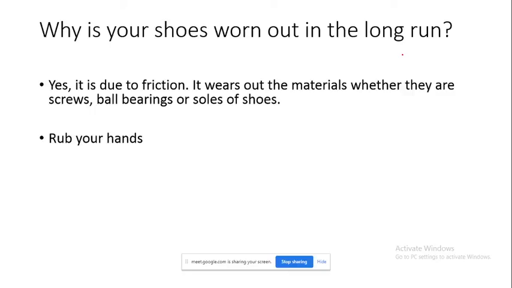Sunila, try rubbing your hands and tell me what you are feeling. Yeah, it will create heat. Heat is coming. Yeah, Nandu? It will produce heat and dust.